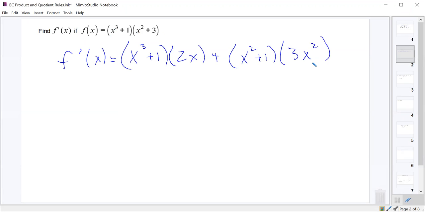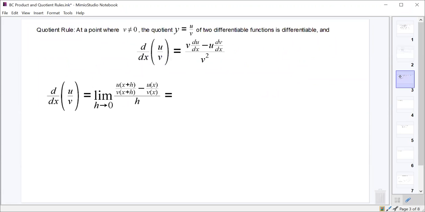We could simplify all this out by distributing it all and combining like terms, but I'm going to say this is good enough for us right now. You could all distribute that out and combine like terms. Spectacular.